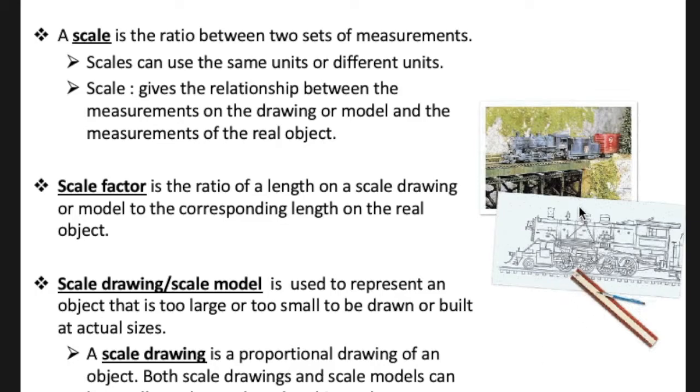For instance, this photograph here shows the scale drawing of a model train. Think of it as too small to be the actual train, but it's represented by a scale drawing, which is a proportional model of a three-dimensional object, whereby the dimensions are related to the dimensions of the actual train by a ratio of some sort that has to be specified.